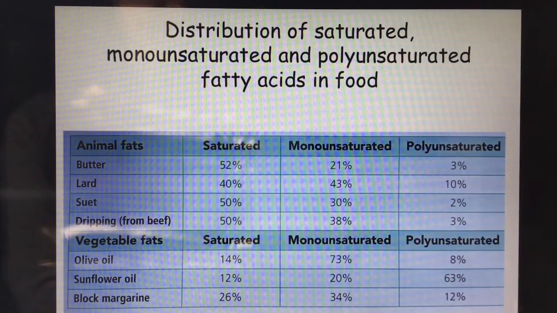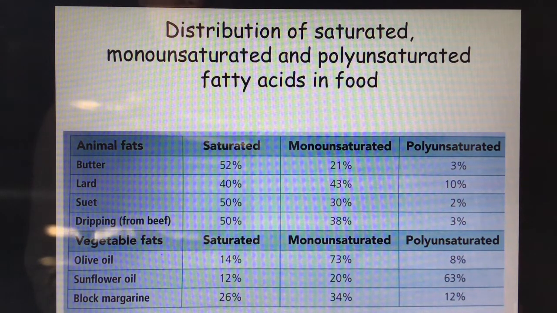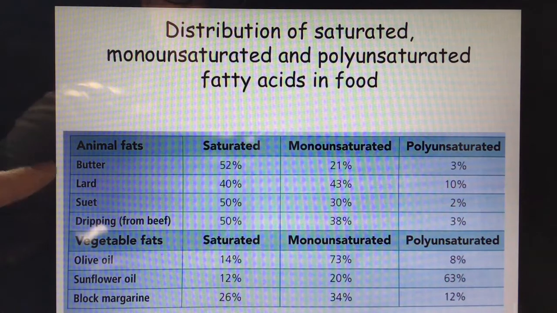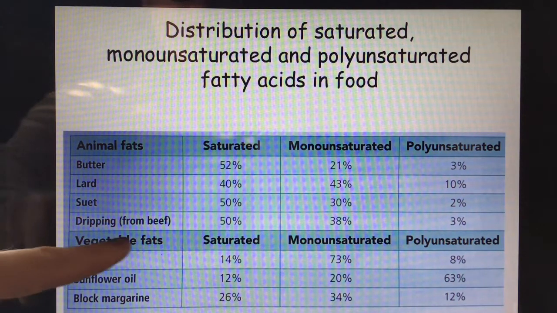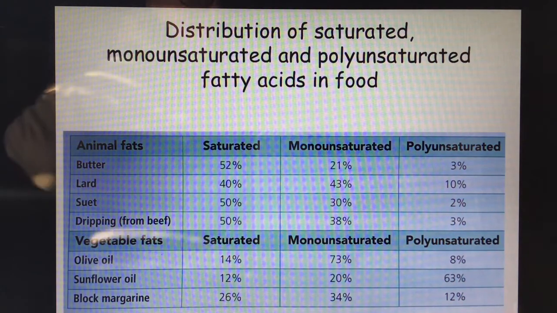So you can see from this diagram that within fats, animal fats and vegetable fats, there's a distribution of saturated, monounsaturated and polyunsaturated fats. So just because it's animal doesn't mean that it is all saturated fat. But we can see from this chart that butter, lard, suet and dripping from beef have approximately 50% saturated fat.